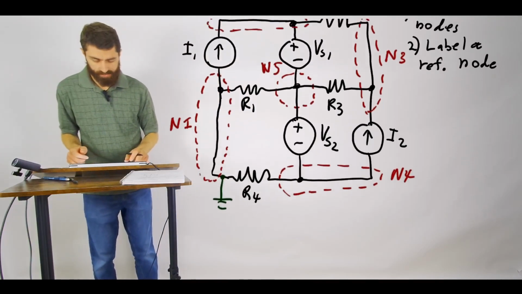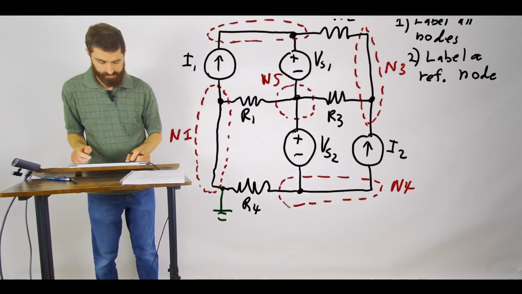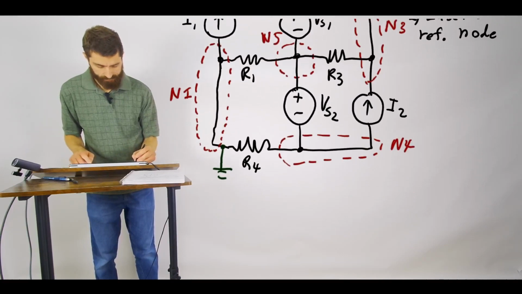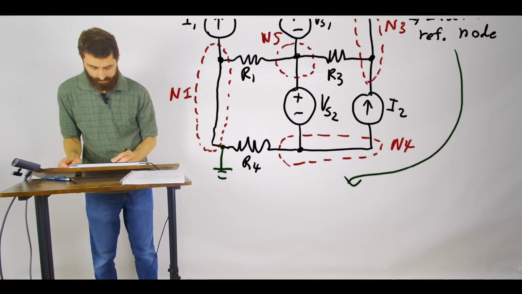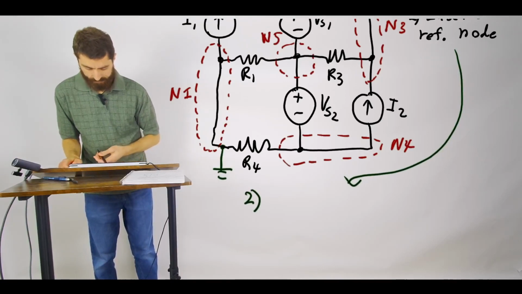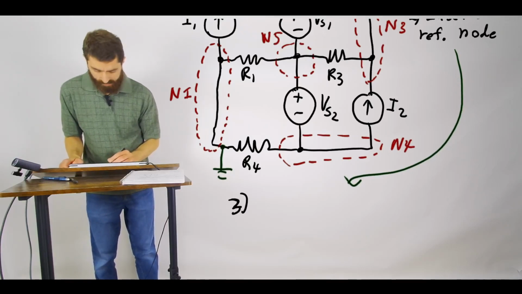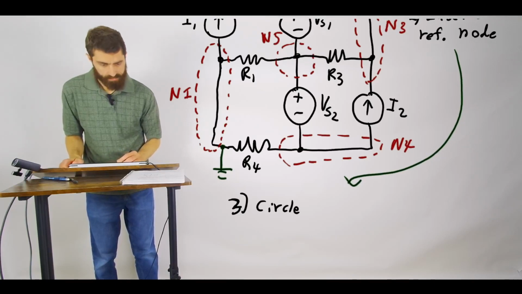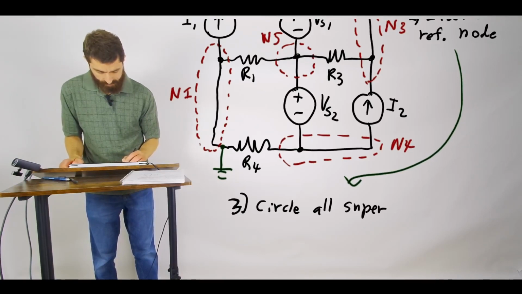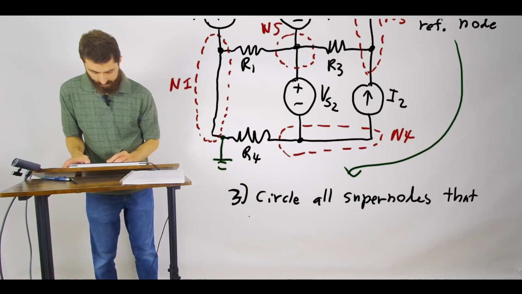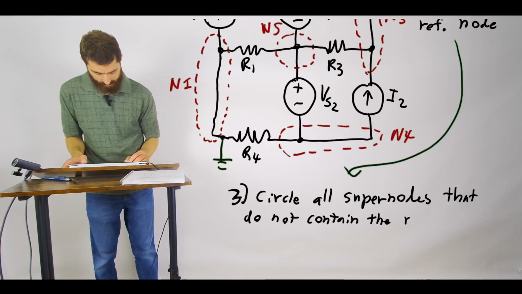But in this case, the next step, step 3, is circle all supernodes that do not contain the reference or ground node.